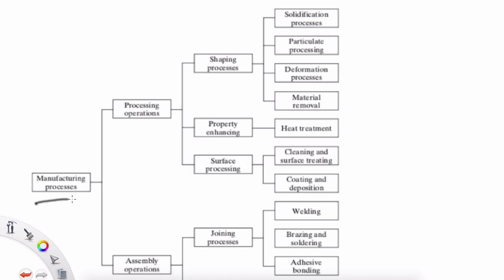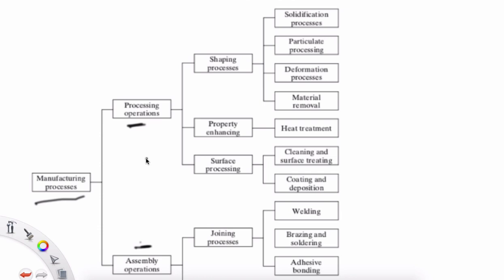It is the manufacturing process. What is the manufacturing process? The manufacturing process is divided into two classes. The first is a processing operation, and the second one is assembly operation.